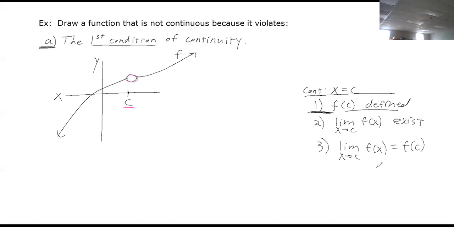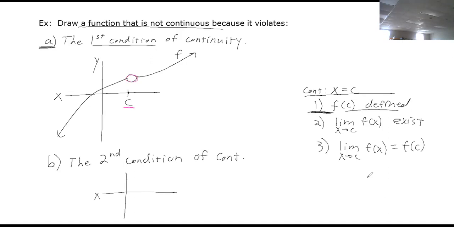Let's move on to part B. If I look at the directions here, draw a function that's not continuous because it violates the second condition of continuity. I'll abbreviate here to save time. All right, let's draw a function. Here's my x-axis, my y-axis. Let's pick some c, maybe over here, okay?